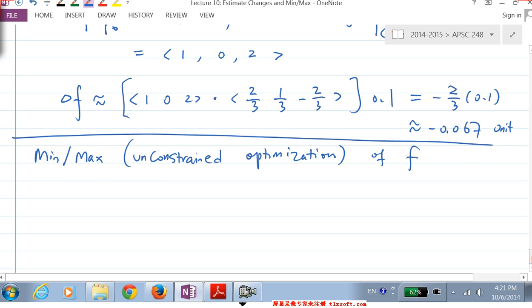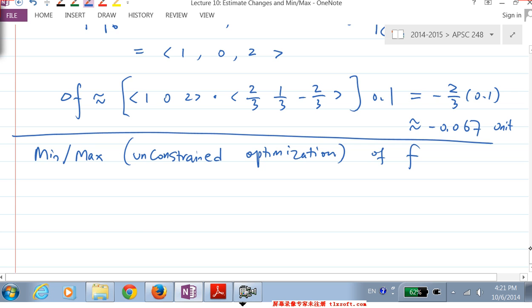You actually learned min or max of a scalar function f in the first year, but what we're looking at here is a multivariable function.